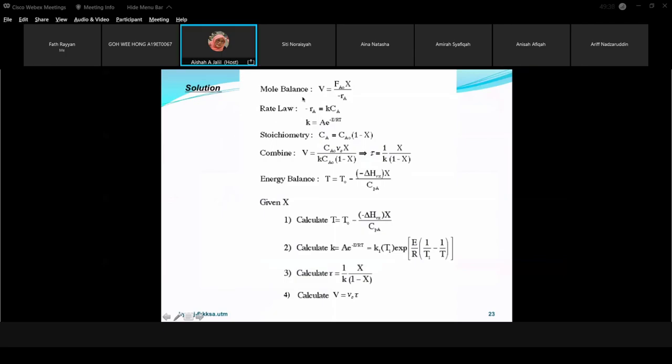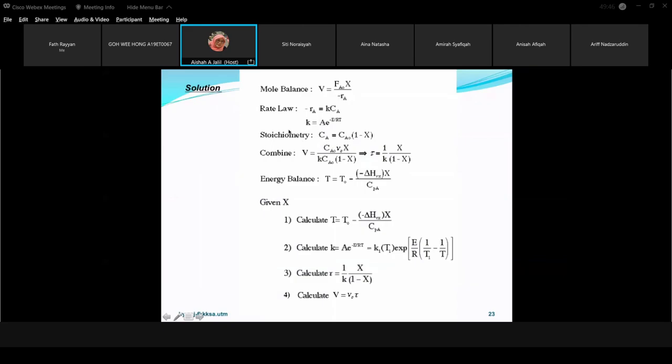Mole balance equation, because it is a CSTR, so V equals FA naught X over negative RA. This is for the first order, so you can get this one.